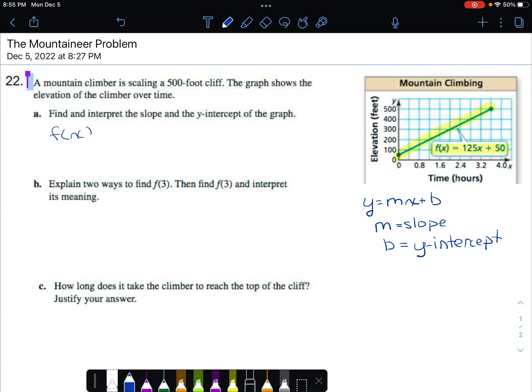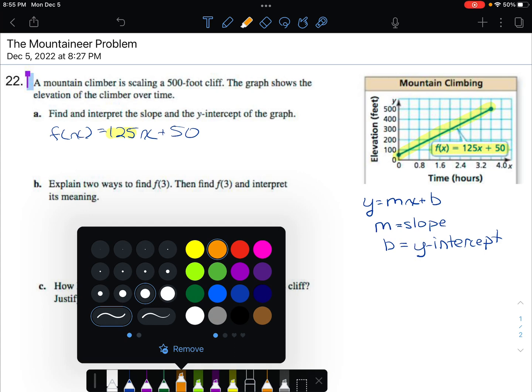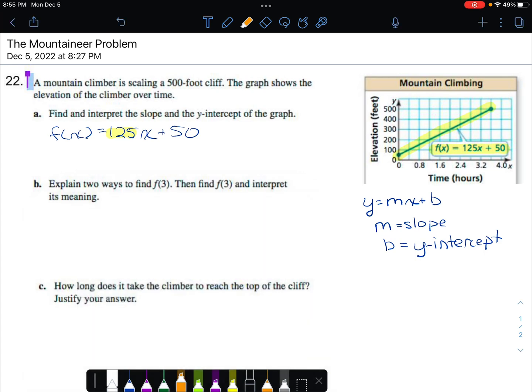So we have f of x is equal to 125x plus 50. Well, my slope is going to be 125, and let's make that a little smaller. My y-intercept is going to be 50.